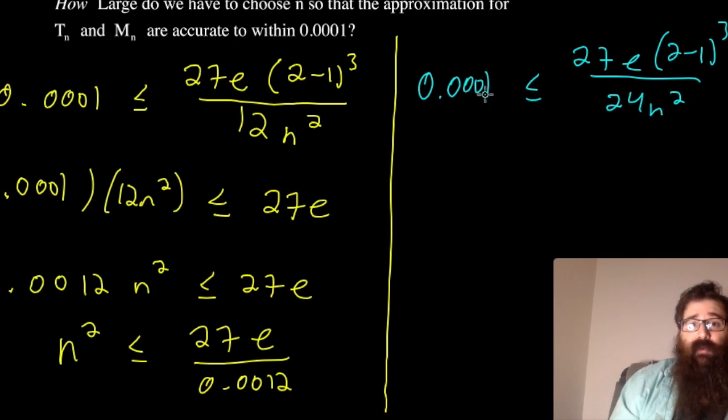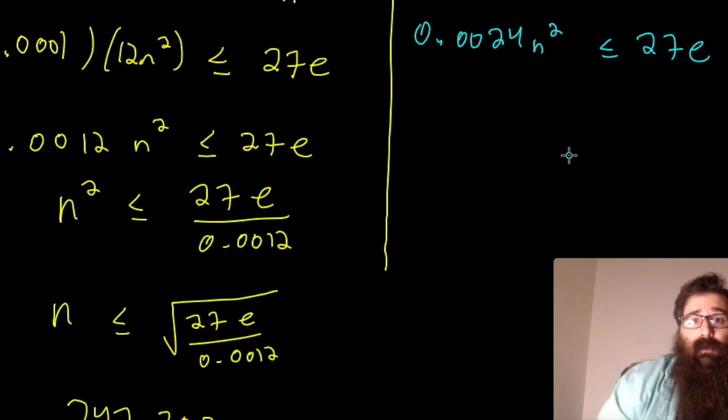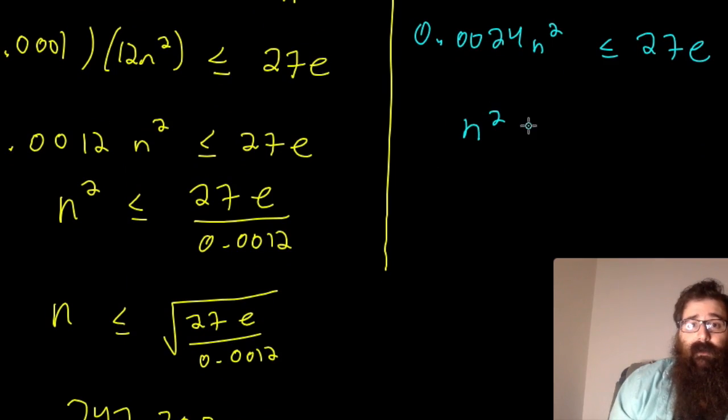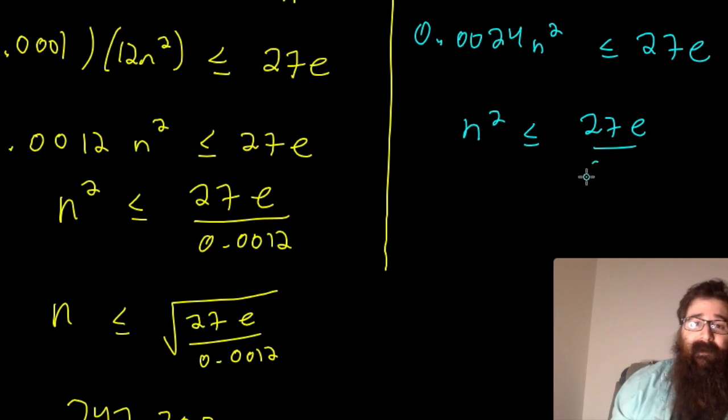Now I can multiply the 24n squared over, so that gives me 0.0024 n squared less than or equal to 27e. And then I can divide by the 0.0024, so n squared less than or equal to 27e divided by 0.0024. And then I want to take the square root.